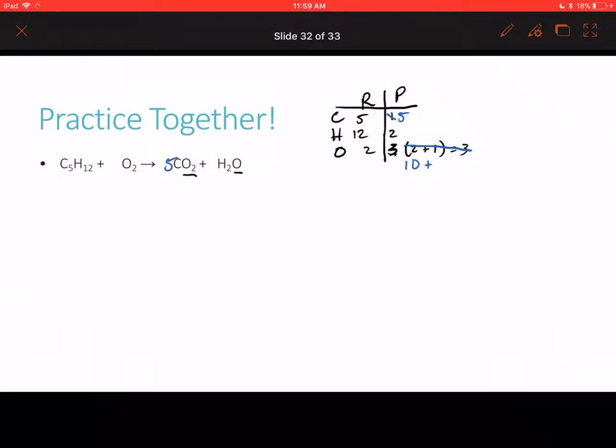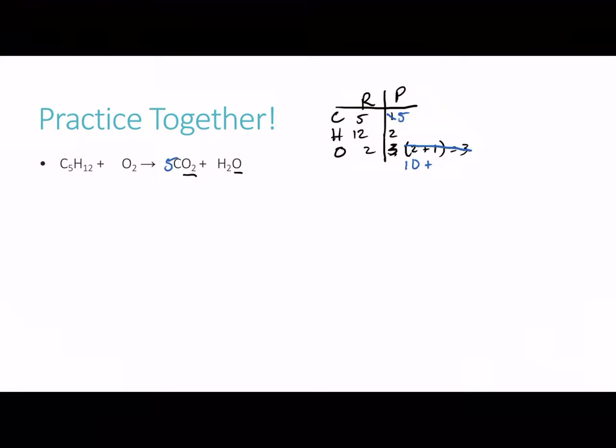I'm putting a plus there because I'm going to balance my hydrogens next. I have 12 hydrogens on my reactant side, and every water has 2 hydrogens. So I'm going to need 6 waters to have my 12 hydrogens.